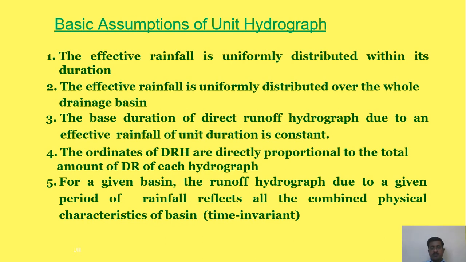The concept of unit hydrograph is based on linear systems theory and follows the principle of superposition and proportionality. In the coming lectures we are going to see all the various factors associated with the unit hydrograph.